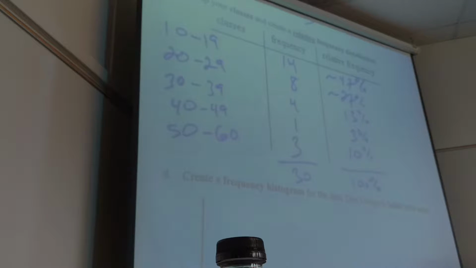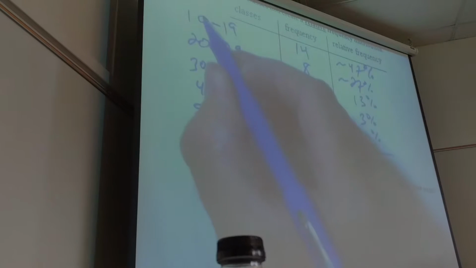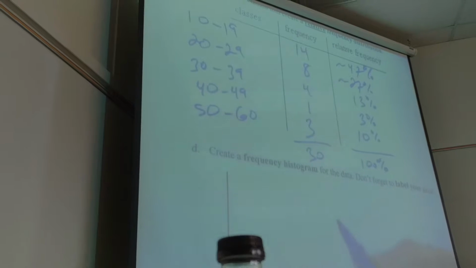If you did it the inequality way, your scale is going to be 10, 20, 30. If you did it the other way, your scale is going to be 9.5 to 19.5, and so forth.